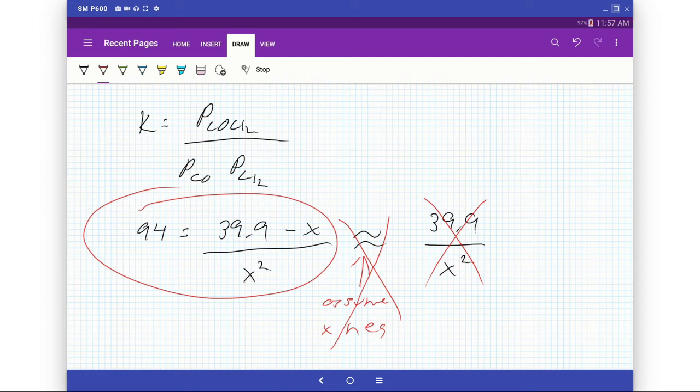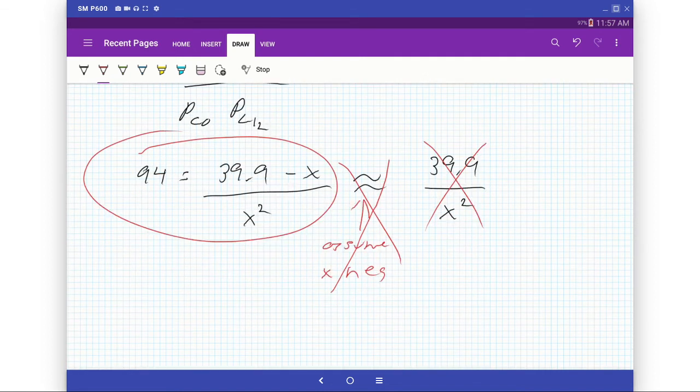Yes, there's a quadratic formula, but I'm not limiting solutions to simple quadratics. You are going to be expected to solve any order of polynomial or any function. And in order to do that, you need to have technology available to you.